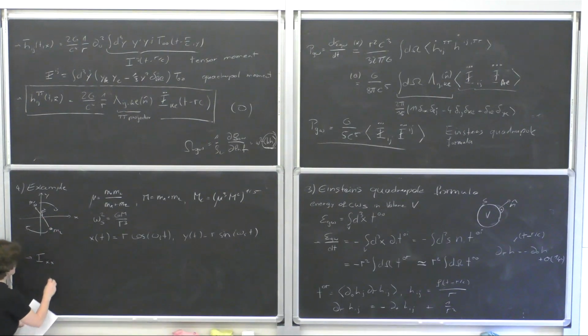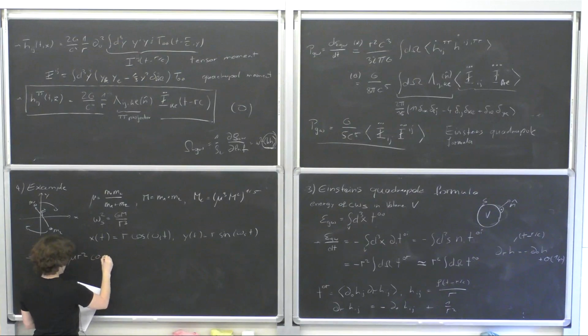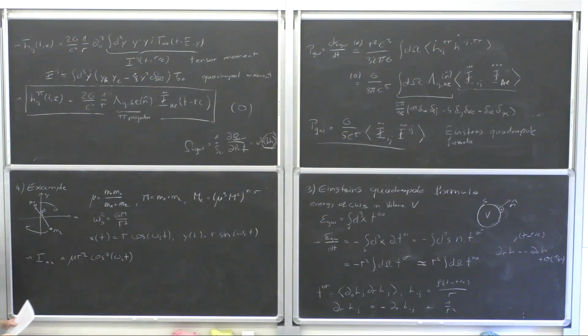So this is very simple. This is just going to be mu r squared cos squared omega s t. It's simply the x component squared times the energy momentum, which is just the reduced mass. And of course, the same for y, so then you just get the sine squared, and for the xy, I will get cosine times sine.